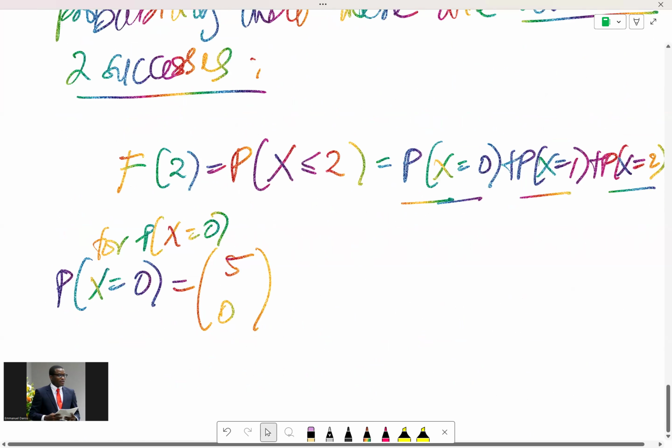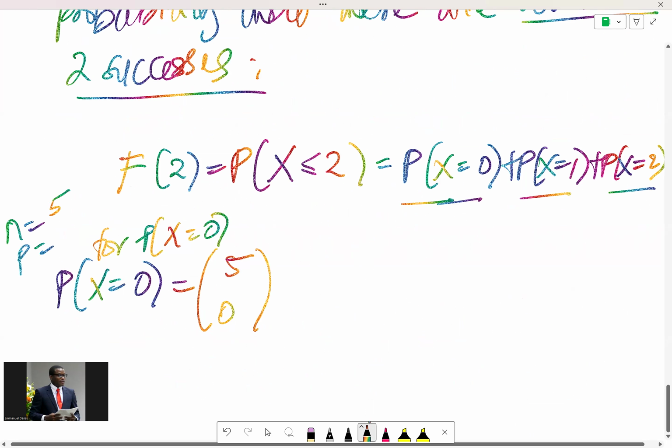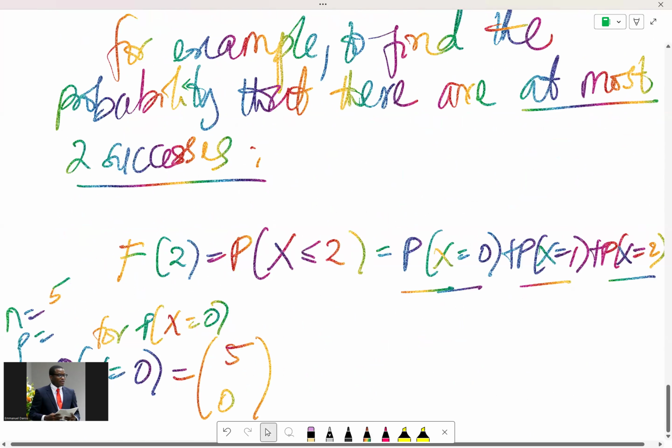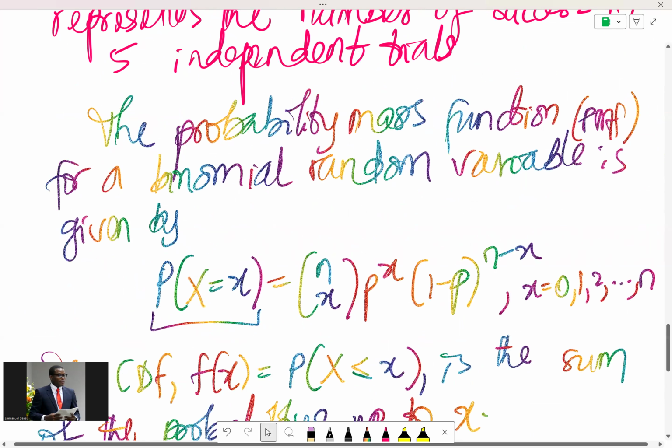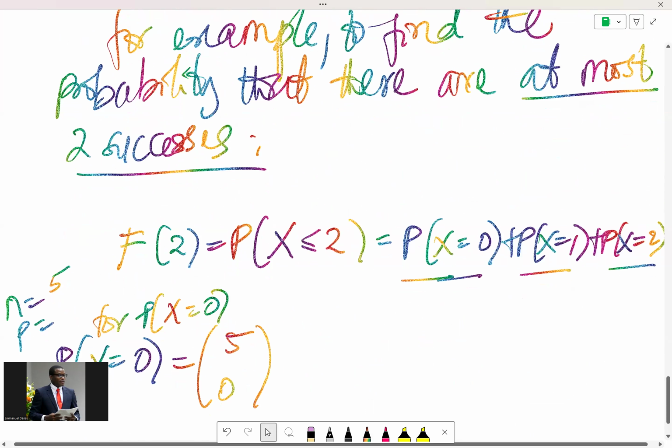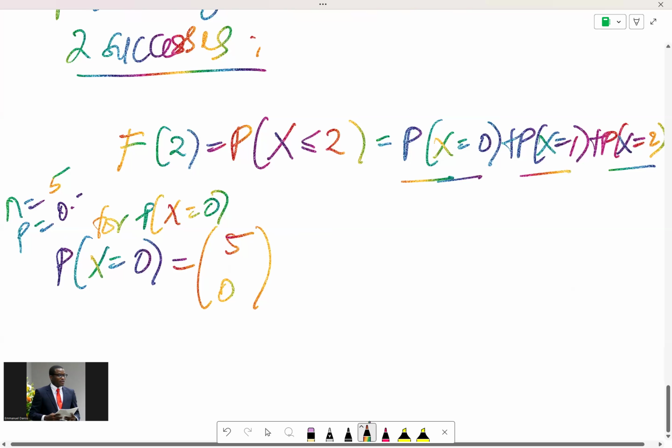So we can list out all these things. N is equal to 5. We have 5 trials. We have the probability of getting a success, which is actually 0.3. P is 0.3. And I think that's about all we need.